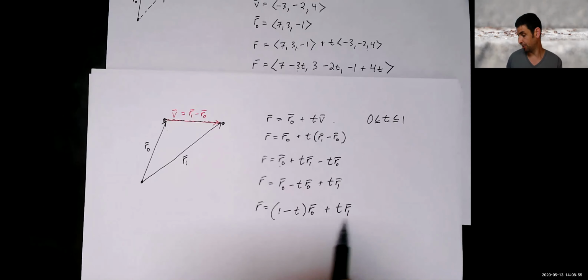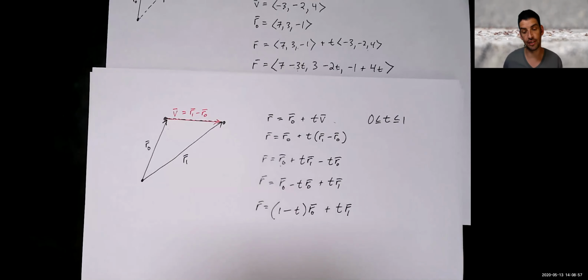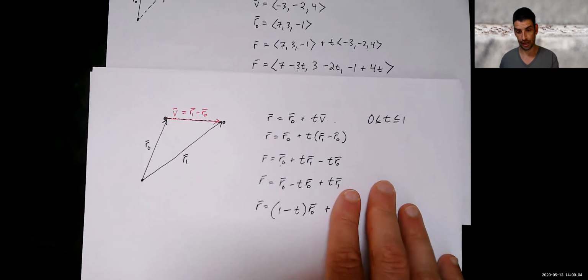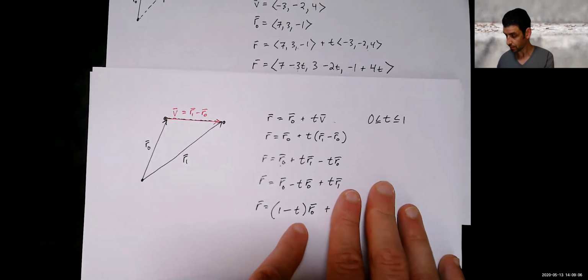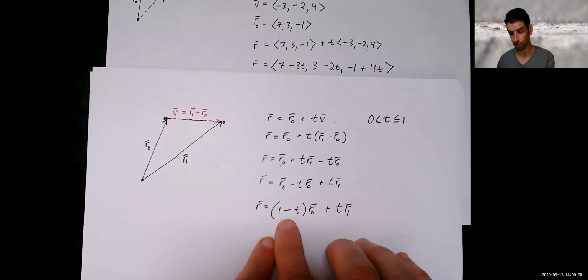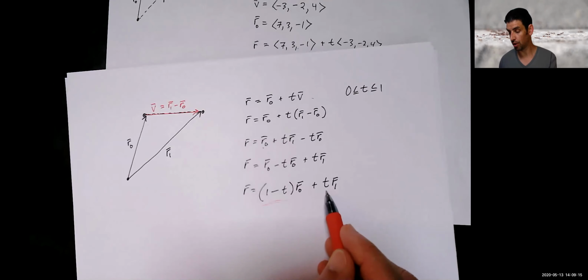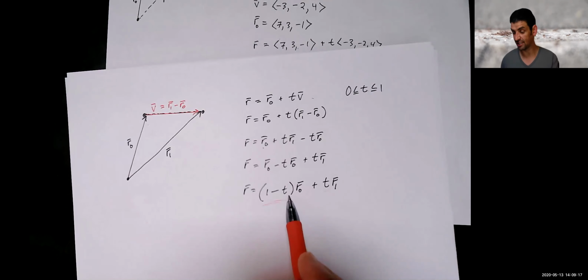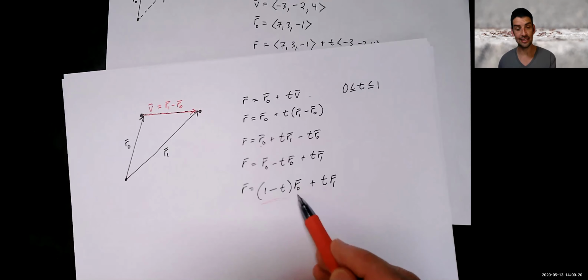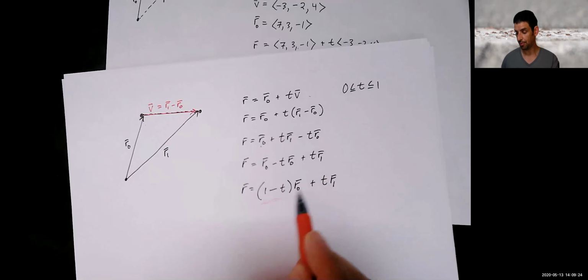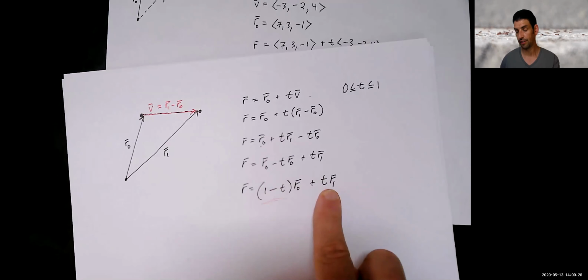I think this gives a neat understanding of what's happening. When t starts out at 0, this is a 1, this is a 0, so all we get is R0. As t increases, we're subtracting more and more from 1, so we get a smaller coefficient on R0 and a larger coefficient on R1. In other words, as t goes from 0 to 1, we get less and less of R0 and more of R1, until at 1 this piece disappears and all we're left with is R1.